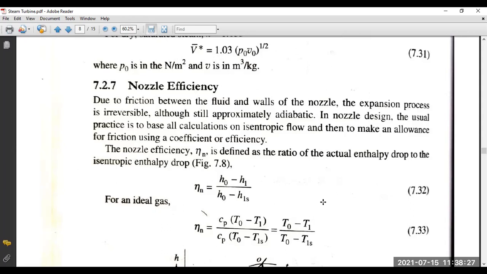Means a fluid is flowing, and this is isentropic stagnation.